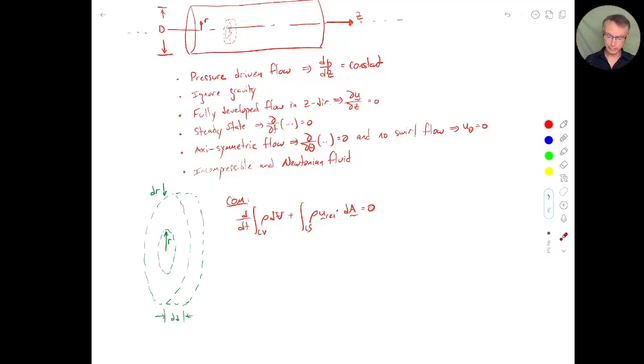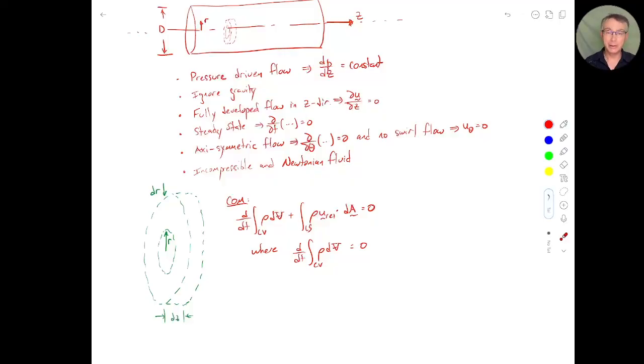Okay, so this first term is the time rate of change of mass inside this control volume. So it's all the mass inside there. But keep in mind, we're saying that we're dealing with a steady state situation here. So nothing should be changing with time. And in fact, there are a couple of reasons this whole expression will actually be equal to 0. Number one is that it's at steady state, so there is no variation with time.